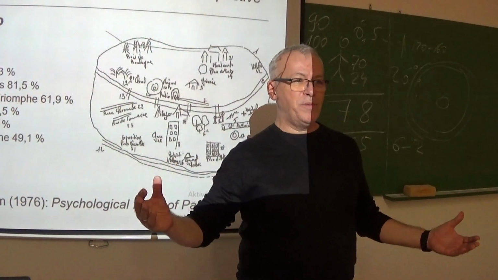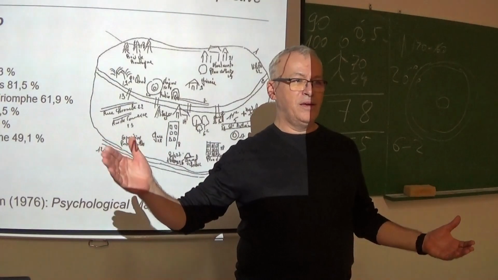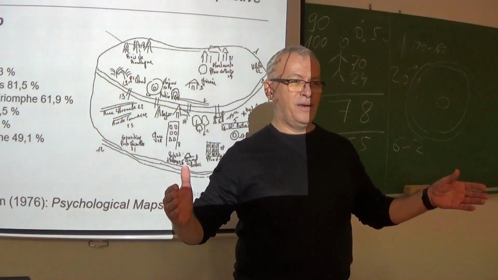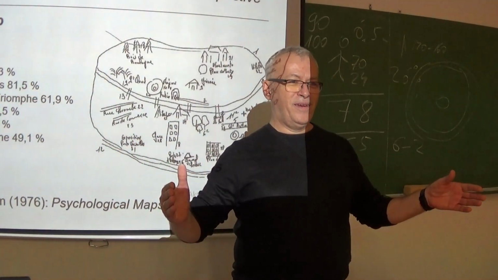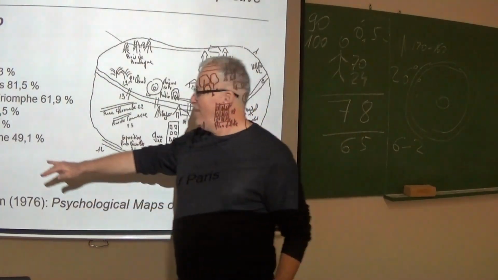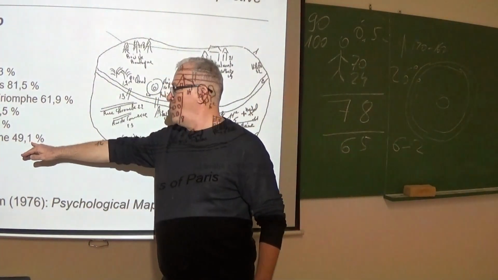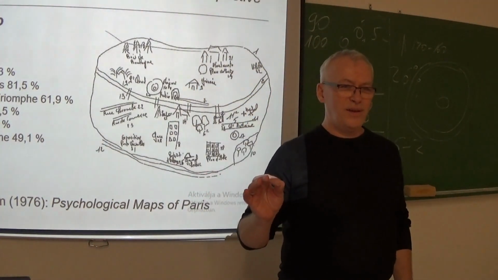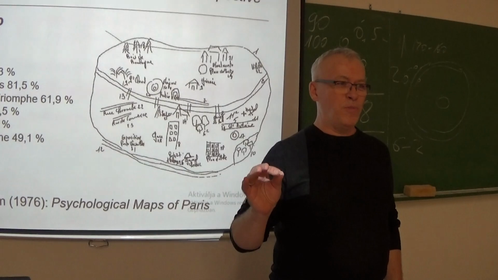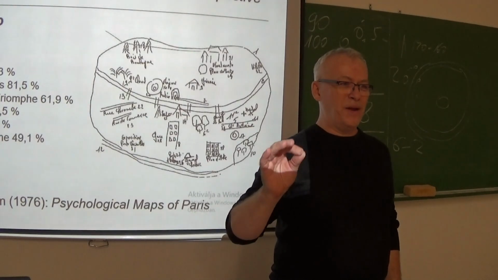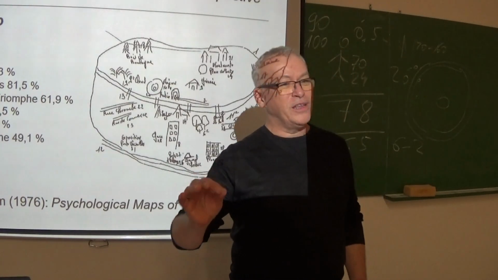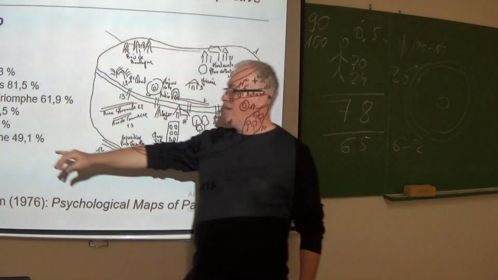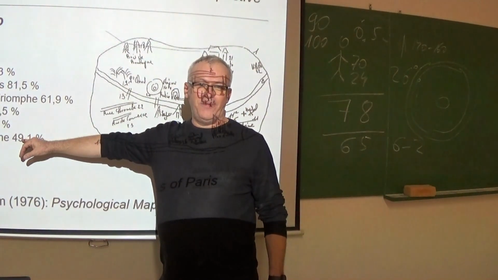In the experiment, half female and half male participated. And 49.1% not only remembered this place, but were able to draw it in the right place. Therefore, according to intensity of information, this is the most intensive information.